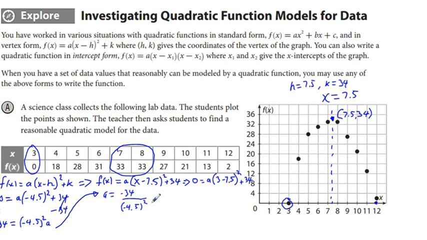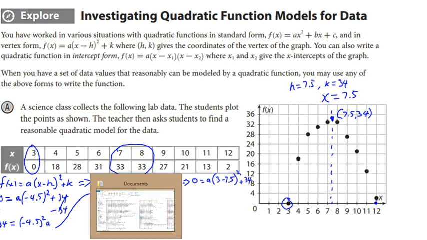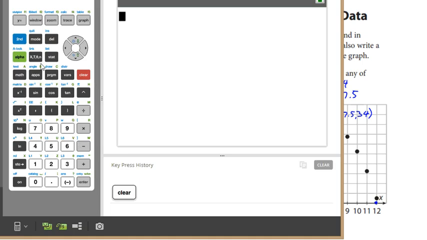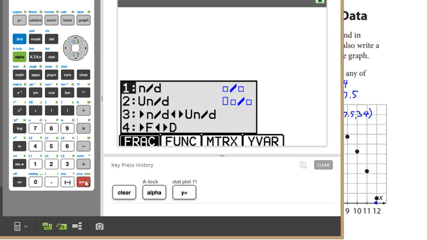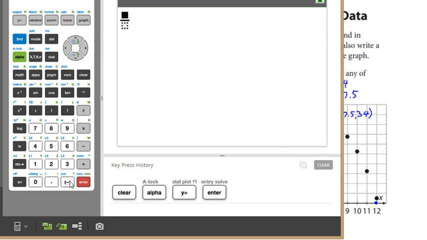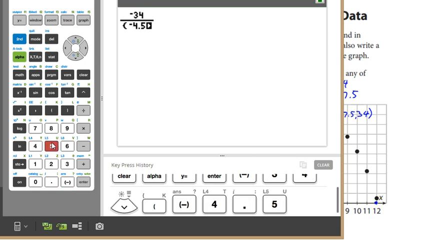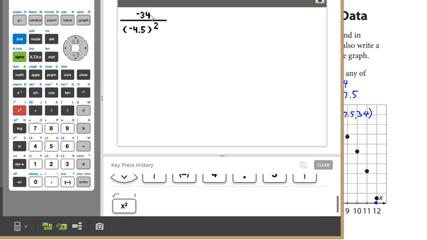So let's just see what that is, and go to our calculator. We get a fraction here: on our numerator negative 34, divided by, we put negative 4.5, close the parentheses and square that, and that should be right.